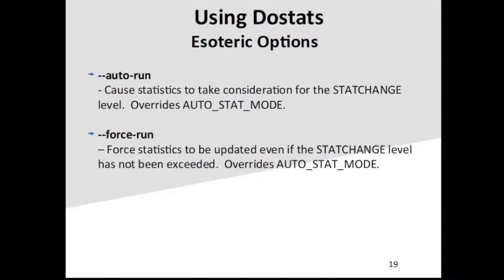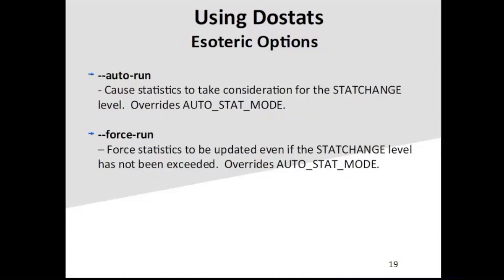If you want Dostats to run regardless, no matter what, so for example, when I set up a system, I have Dostats running usually out of a cron every day, but one day, let's say Saturday or Sunday, it will run with the --force run option so that the stats are never more than 1 week old.